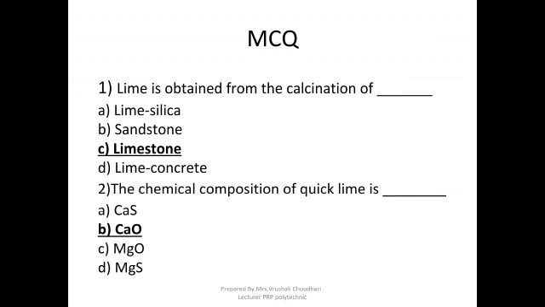Before going to the MCQ, one topic remains, that is dolomite lime, which contains magnesium oxide along with calcium oxide. Due to the presence of magnesium oxide, it is quite expensive. It slakes very slowly. It has low sand carrying capacity.